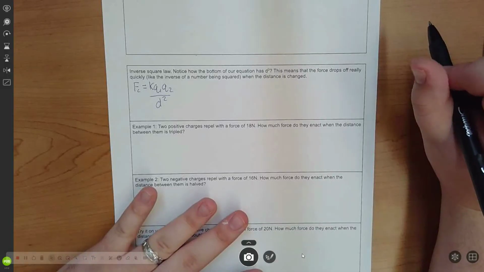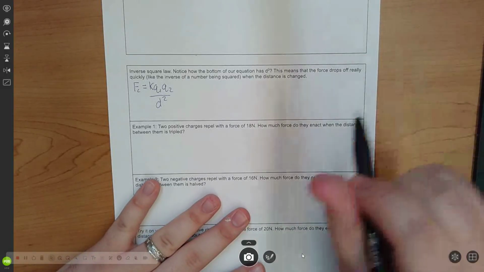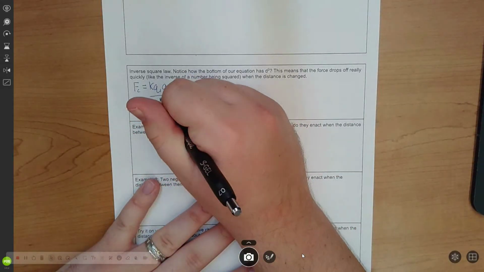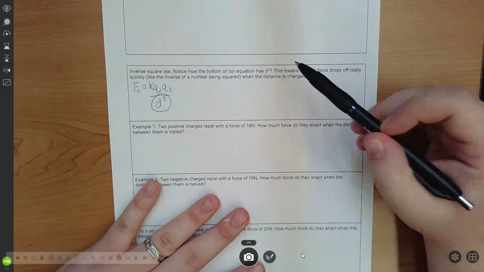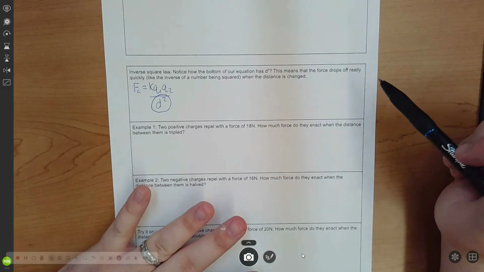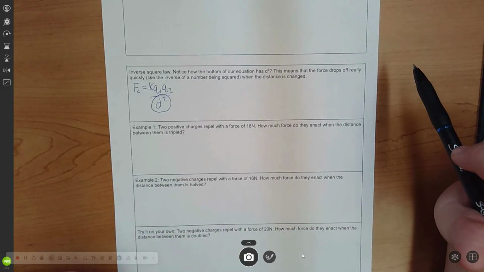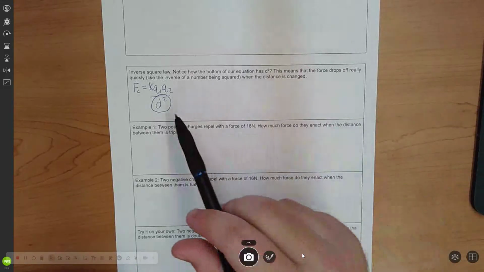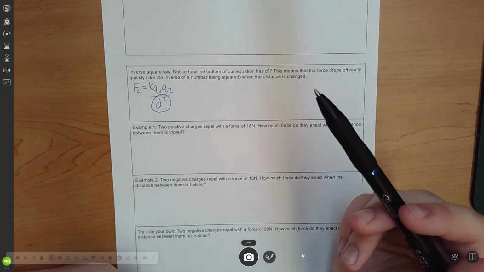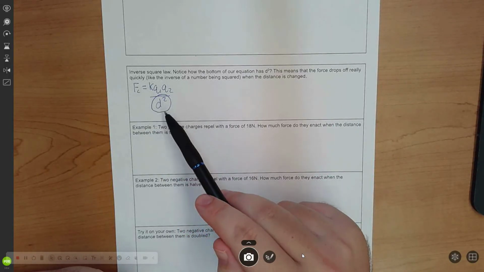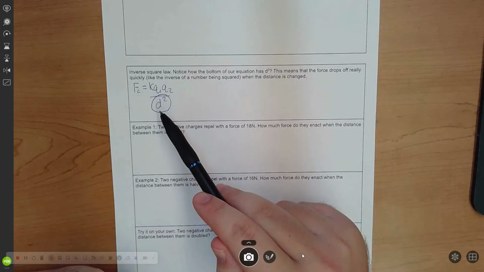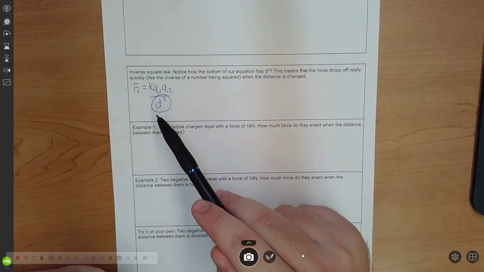And when we say inverse square law, what we're really focusing on is this distance squared on the denominator. So this means that the force is going to drop off really quickly when the distance is changed. Now, we should know from like third grade that when you divide numbers, you're making them smaller. And when we divide by a number squared, that's going to do something interesting to the math.